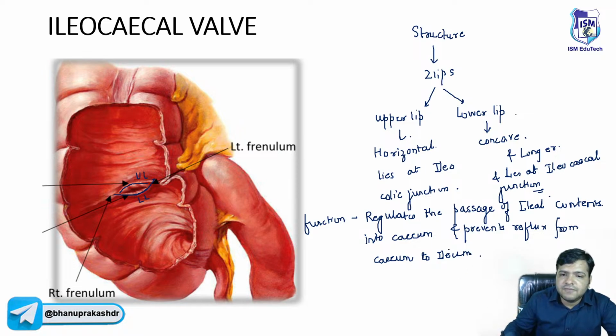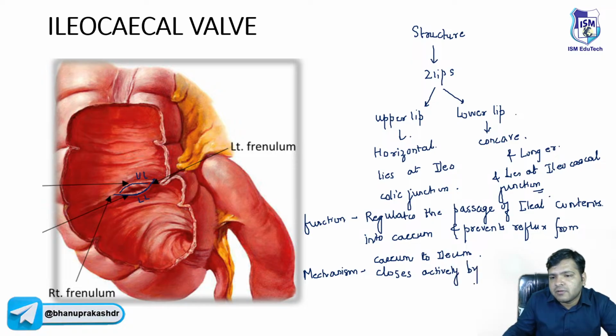Now, if we talk about the mechanism, beta, remember it closes actively by sympathetic stimulation, and passively by distension of the cecum.